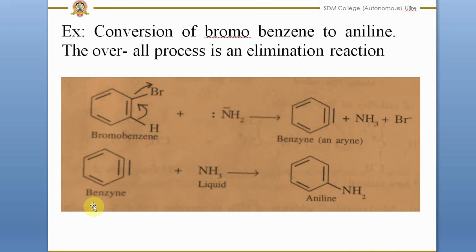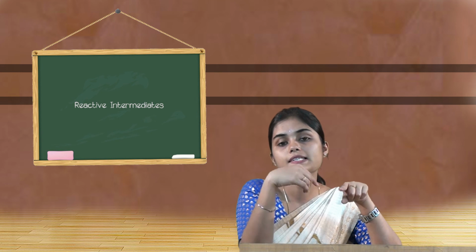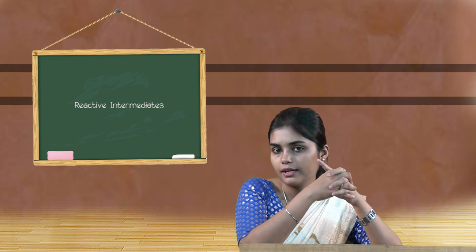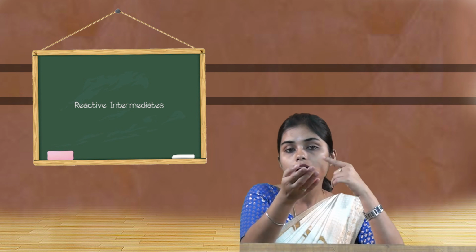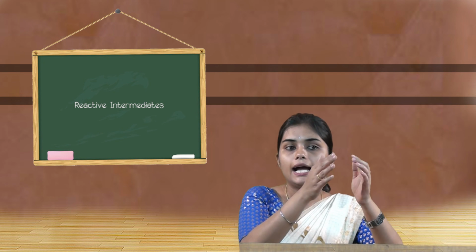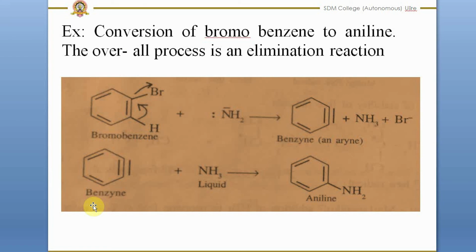Benzyne formation also involves a change in hybridization. In benzene it is sp2 hybridization, but in benzyne the hybridization is sp, highly reactive, where the carbon involved gets one more extra pi bond. But the pi bond formed here is a little weaker, as it is formed by the sideways overlapping of p orbitals.